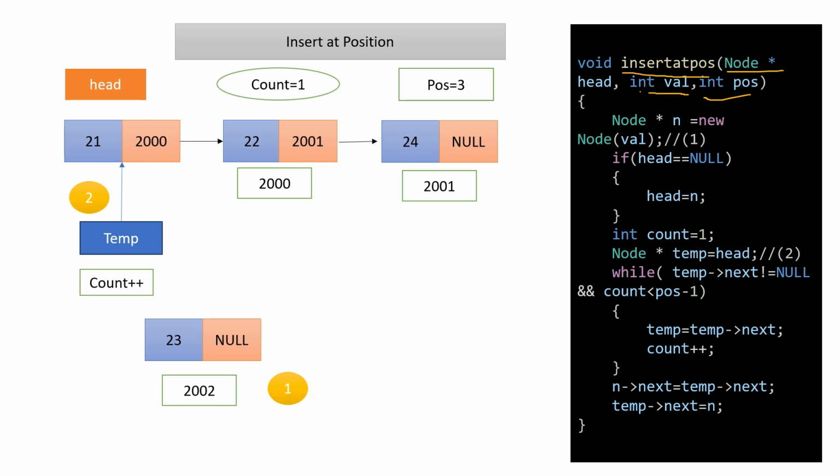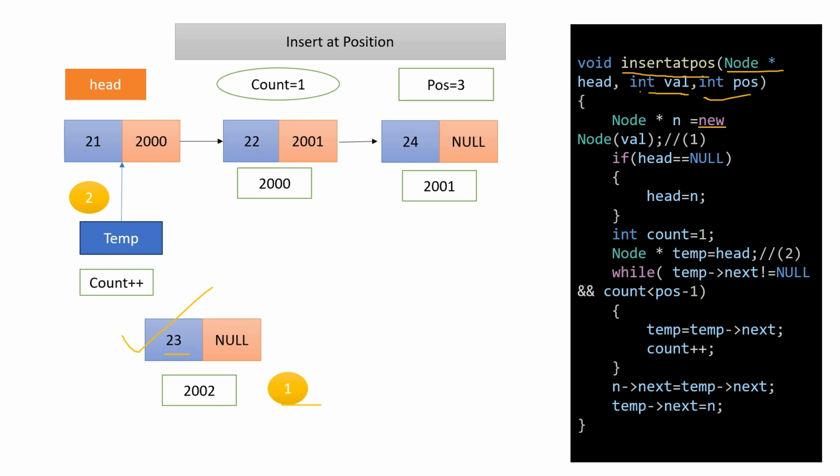So that's it for the arguments and parameters. Now we are creating a new node with the new keyword dynamically. So this is how our new node looks if we want to add 23 as the data of a node. This is the first step which we do.